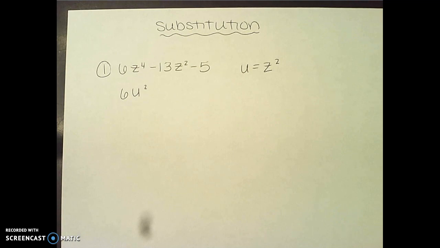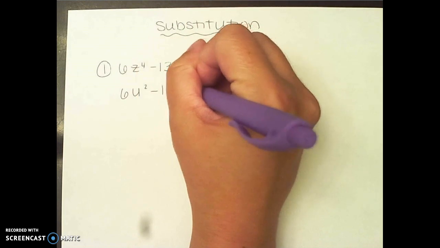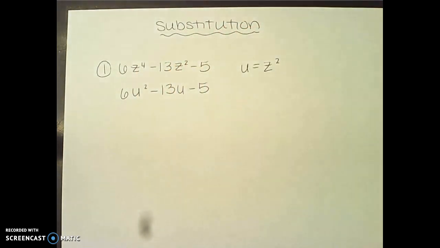So 6u squared minus 13u minus 5. So by letting u equal z squared, I have just turned this into a nice quadratic polynomial. From here, again, I need another method of factoring.